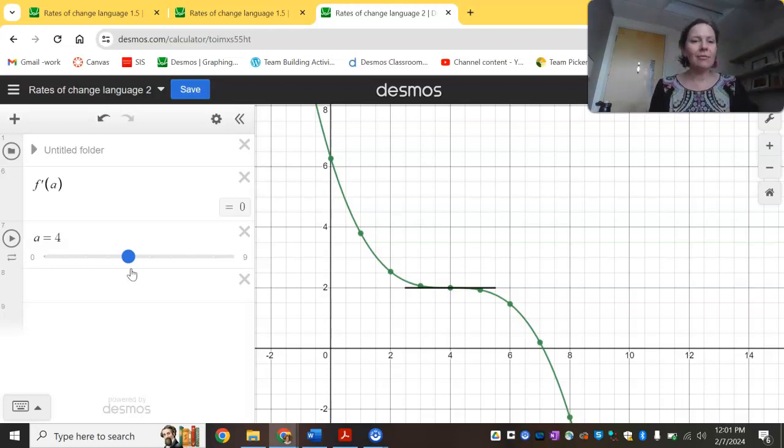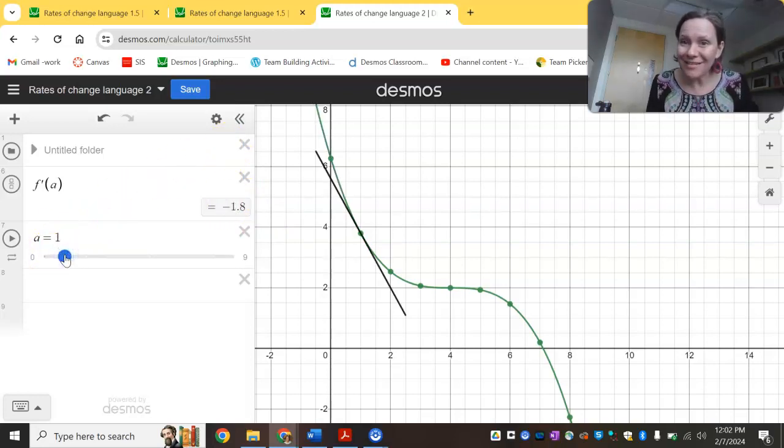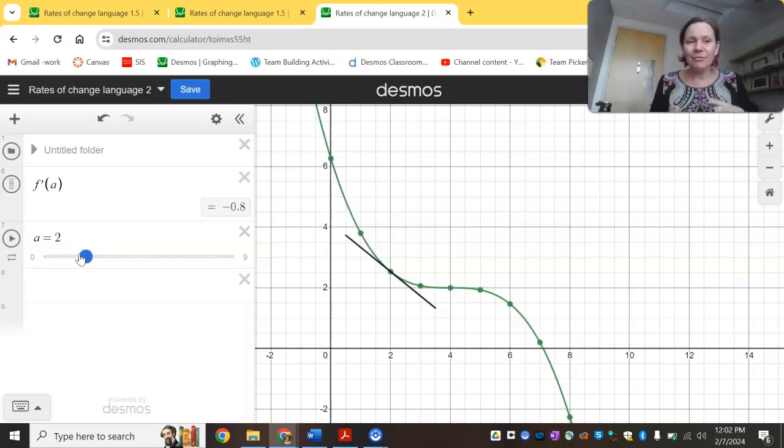So when we talk about negative values, at 0, we have a slope of negative 3.2. And then at 1, we now have a rate of change of negative 1.8. And at 2, we have a rate of change of negative 0.8. And then the next one is negative 0.2. Negative 0.2 is a larger value than negative 1.8. Think about it as if you were in debt.